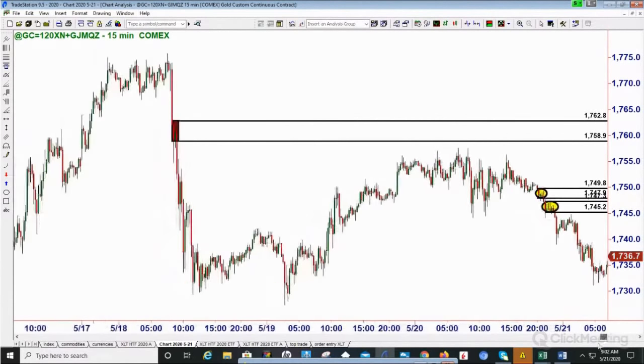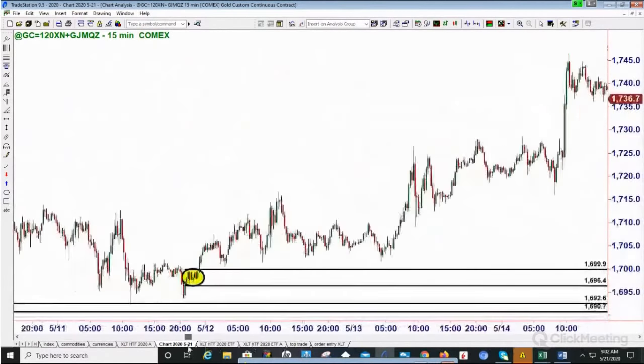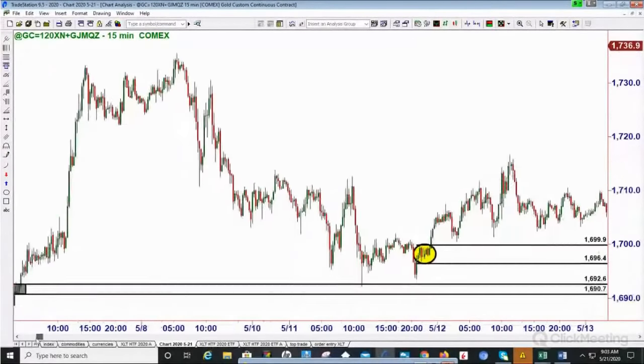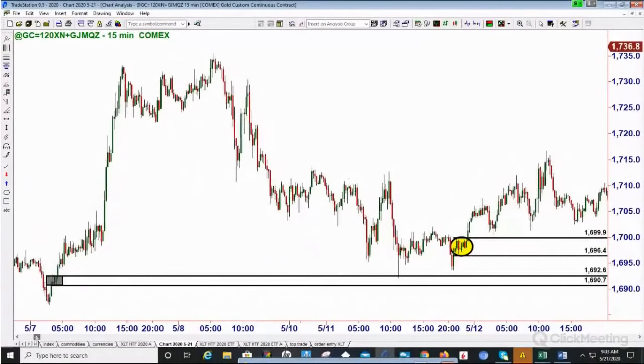Down below, so this is what we have down below. We are coming from a zone on the 15-minute that you can see we just barely touched. It looks like it can be fine again. Right above, you do have an overnight zone.